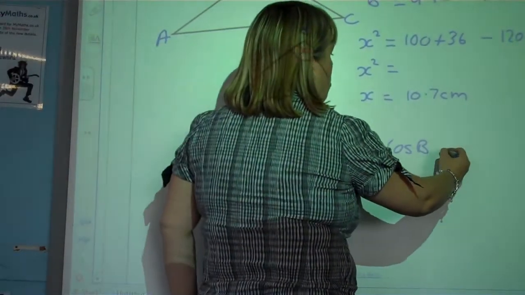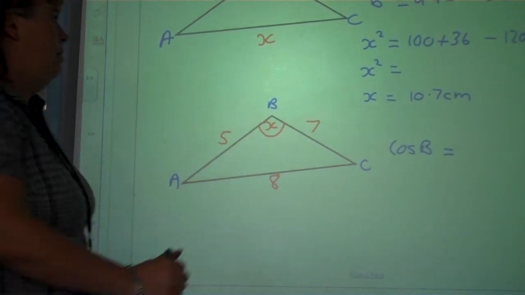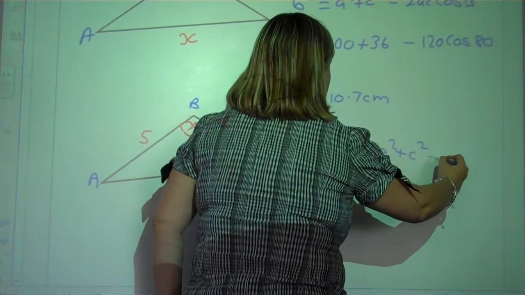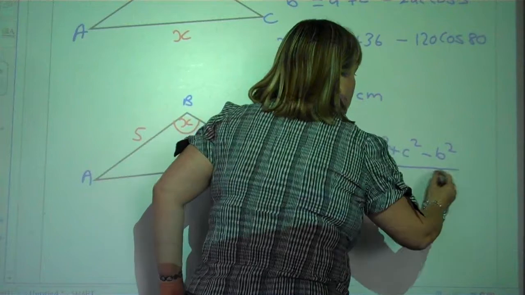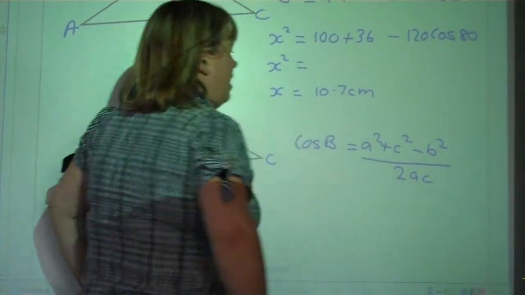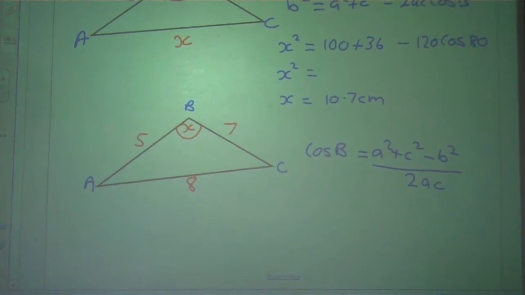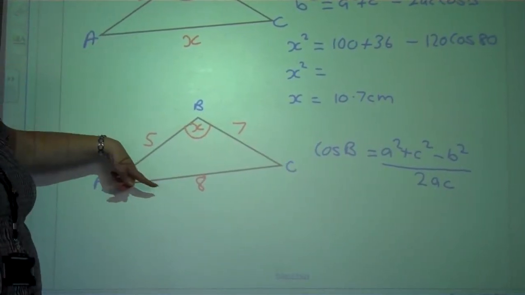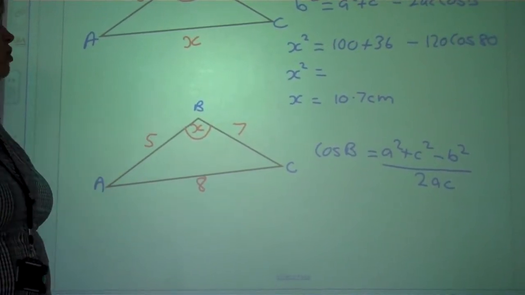So if it's cos B, what's that going to be equal to? A squared plus C squared, take B squared, over 2AC. Okay, are you happy with that? Do we get that in the exam? You won't get that in the exam, but what I'll do for you, when we've done this question, I'll help you to reorder that. I'll show you how to do it from scratch.